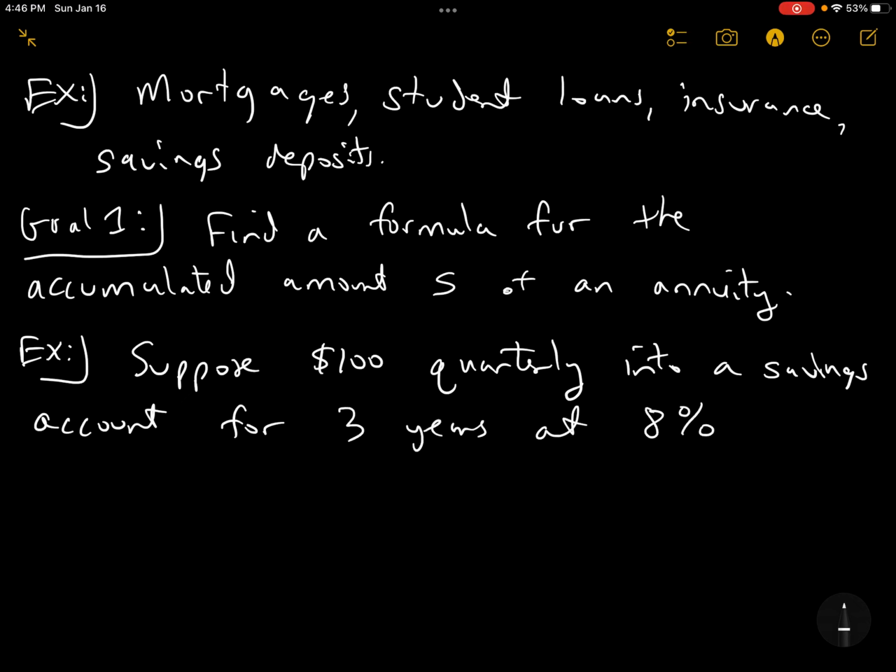And again, remember, you're putting in the $100 at the end of each term. And as you're putting it in, then the conversion period also ends. So everything's lined up. So, okay.